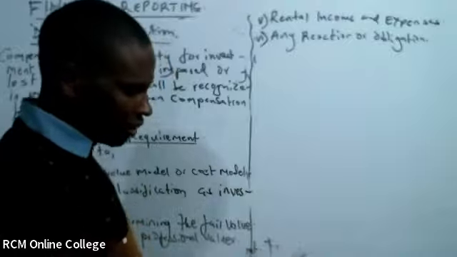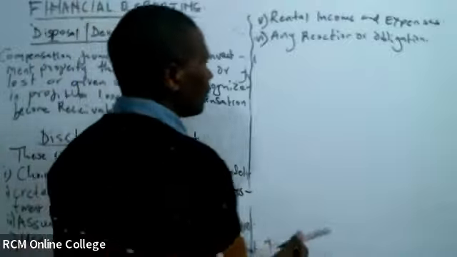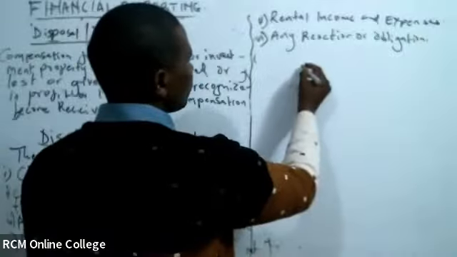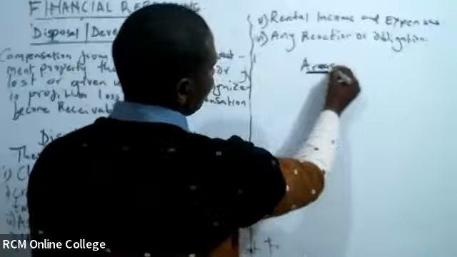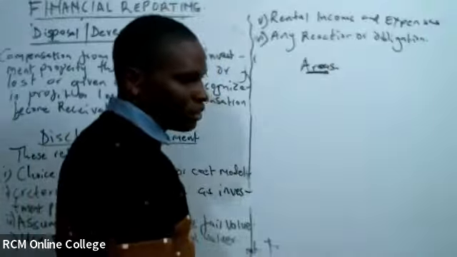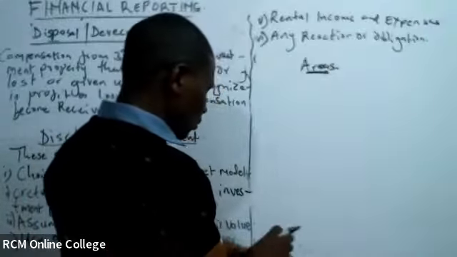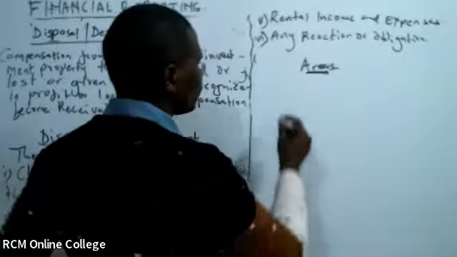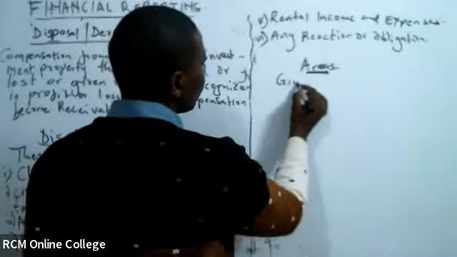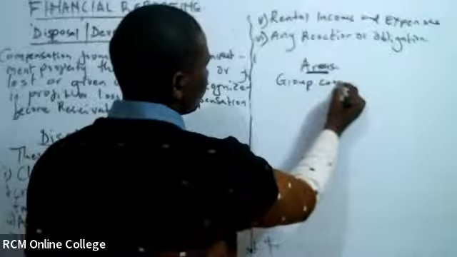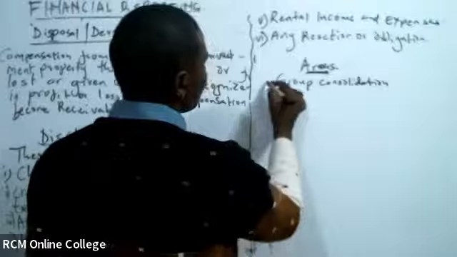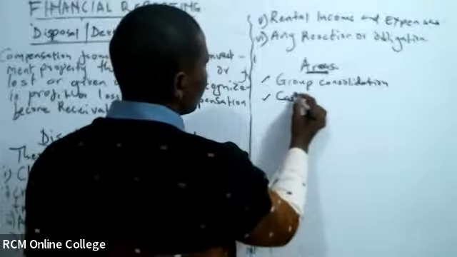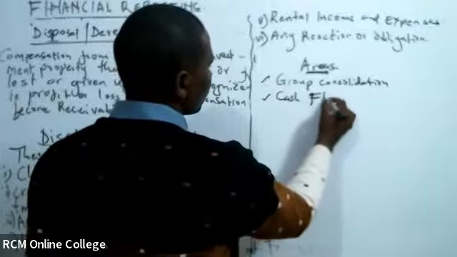So class, that is it as far as the syllabus is concerned. So let's look at some of the areas that we need to concentrate on as a part of revision. So group consolidation. Cash flow statement.